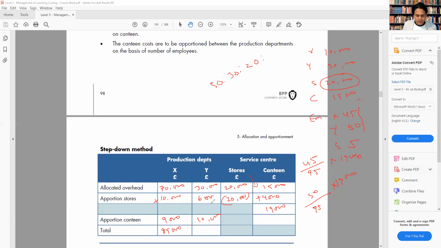Then we have 30 plus 6 plus 10 is 46. That's it. And these are 0, these are 0. Very well done, Daniel. Yes, so that's how we can do our step down method. All right, so any question from here before I move to our next topic?